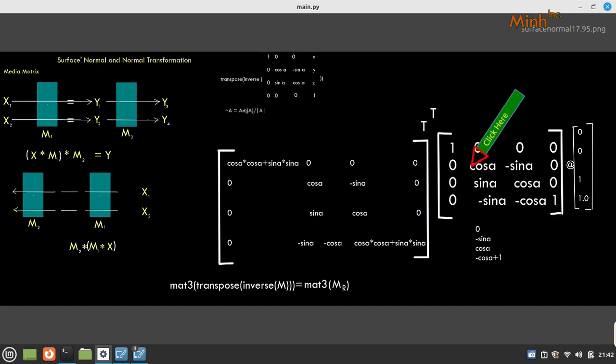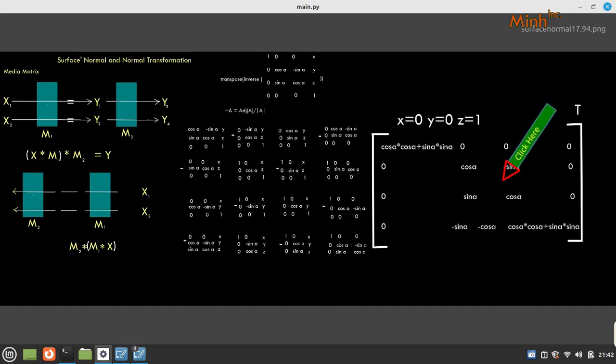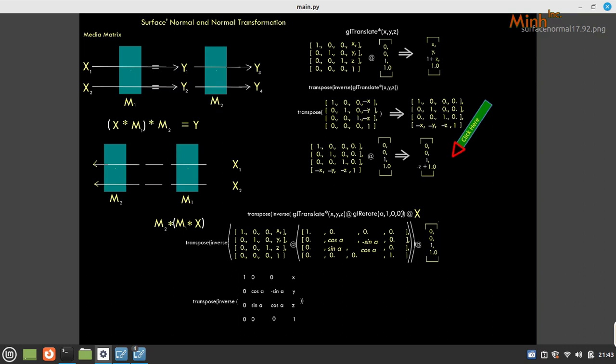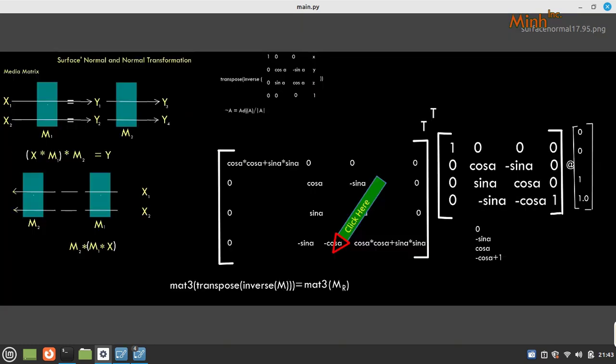See, cos A, minus sin A, cos A, sin A. We started with that and it ended up in the same thing. Only the 4th row is different.